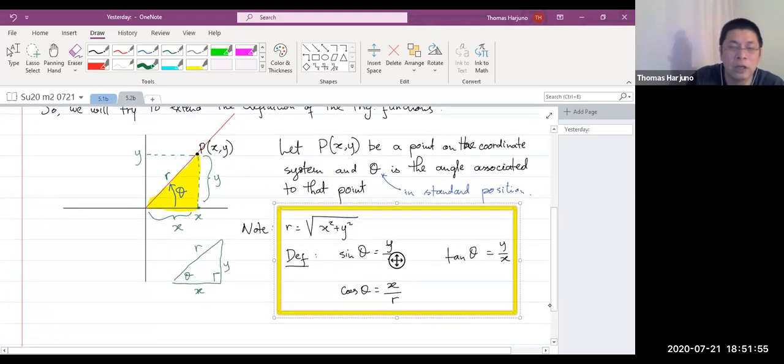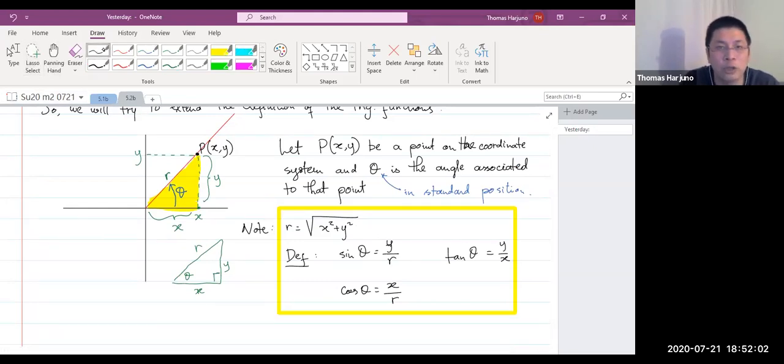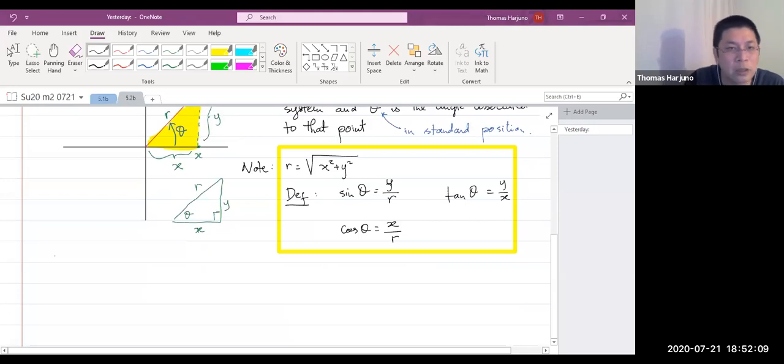Suppose that's the definition. Notice that this new definition is consistent with our right triangle definition, the one we did yesterday.